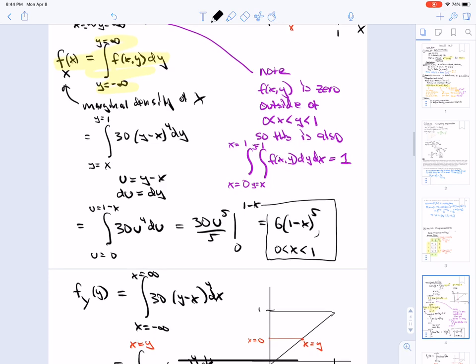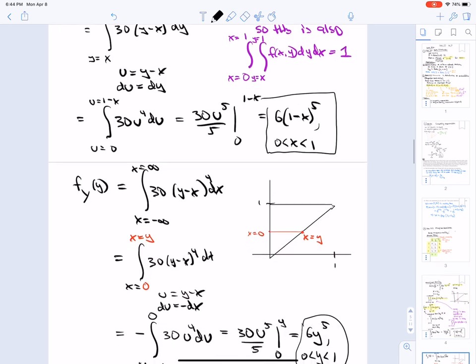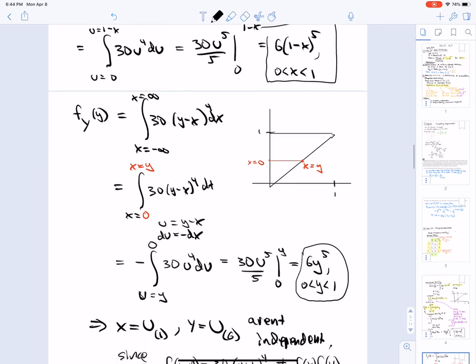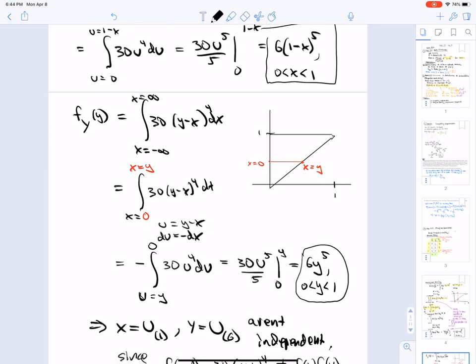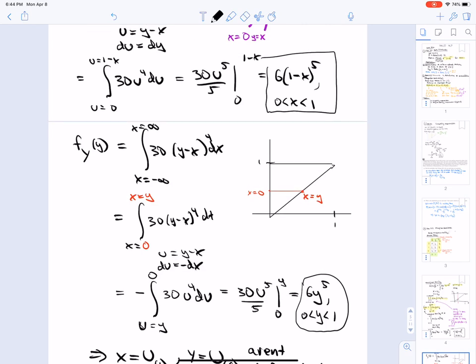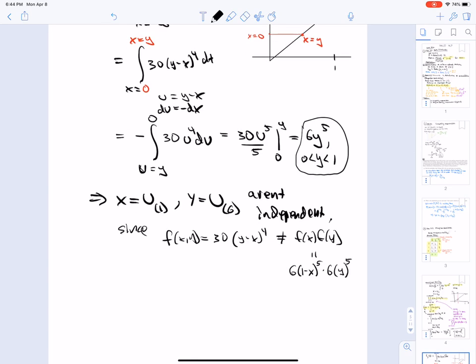Similarly, we can do this for y, and we get 6y to the 5th. Here we are integrating out x, and you can see that x and y aren't independent because the joint is not the product of the marginals.